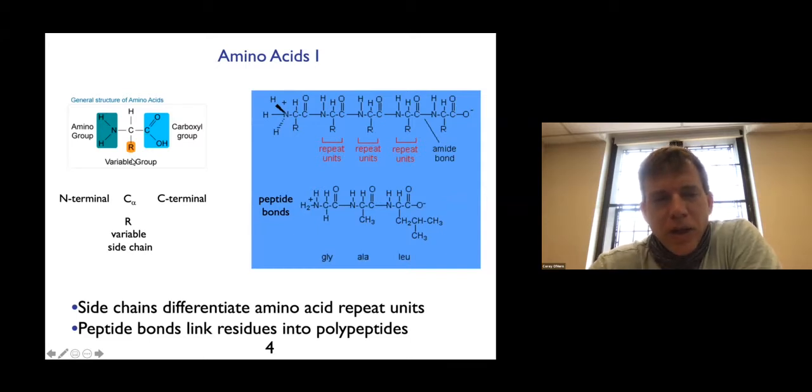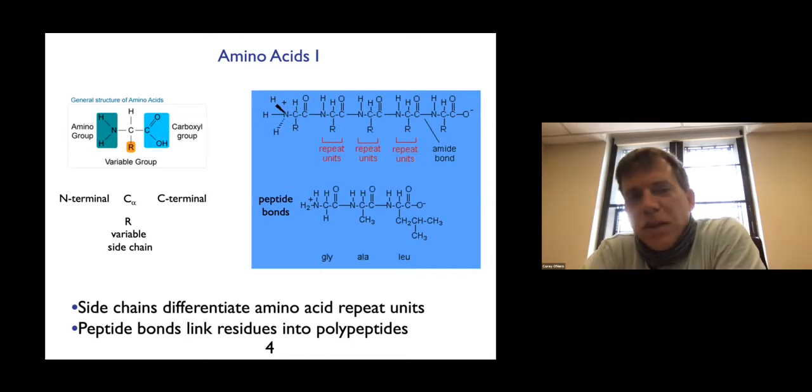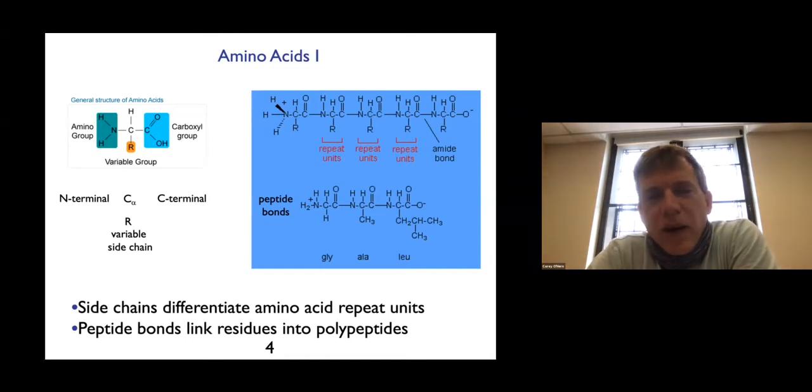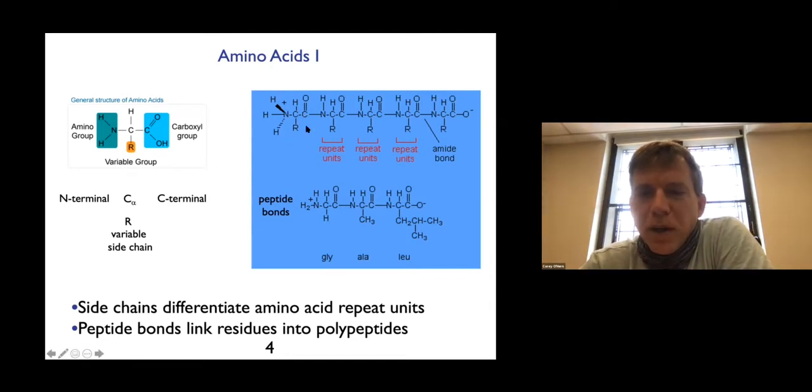And so amino acids share the amine group and the carboxyl group and the alpha carbon, but then different amino acids have these different variable groups which branch off of the alpha carbon. Each of the 20 amino acids differ by that side chain. The amino acids bond together through peptide bonds.